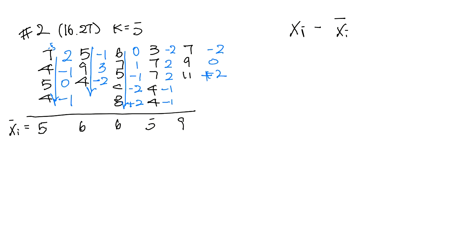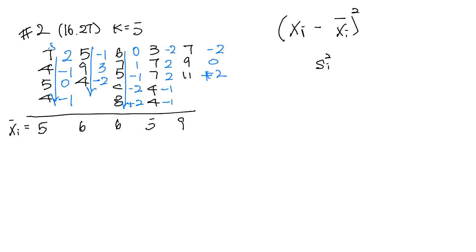Then now what? Take the square. It is almost the same as taking the variance, because that is another formula using the Si squares, the individual variances.